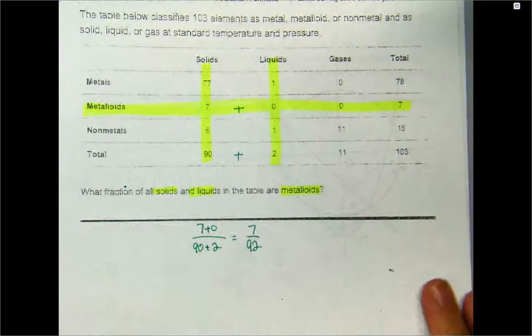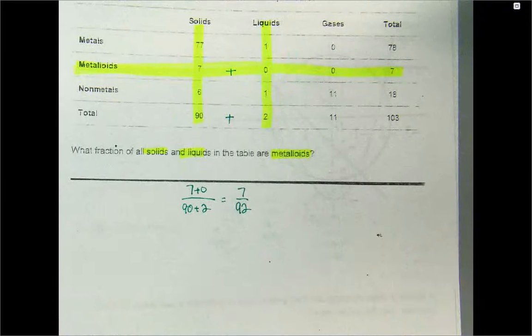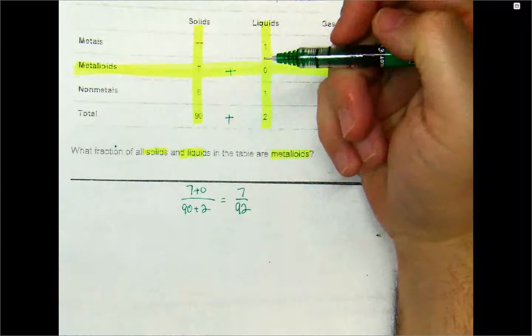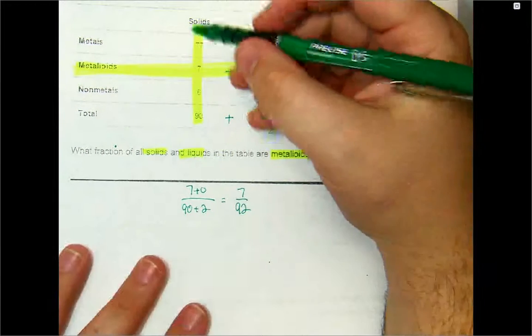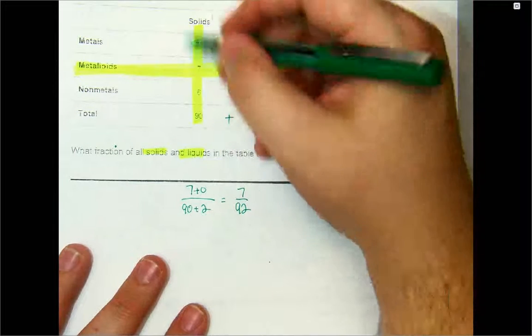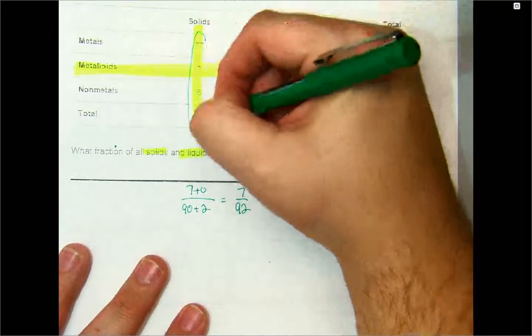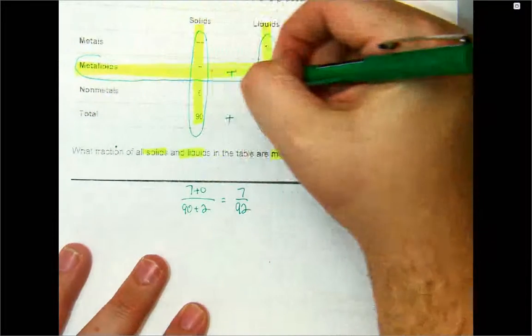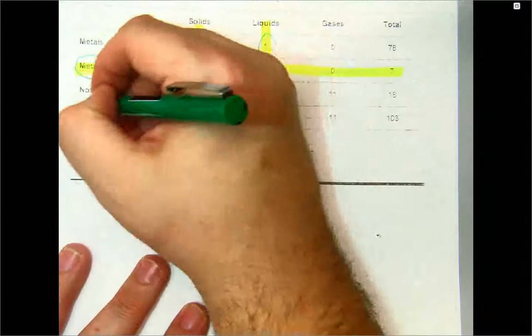Now, in a problem like this, ladies and gentlemen, you see how I highlighted the columns and the rows that I wanted? I don't think they allow you highlighters on the test, but you've got your pen, you could actually just do this. And then we're talking about totals. That's a way you can help yourself get the information you need out of the chart.